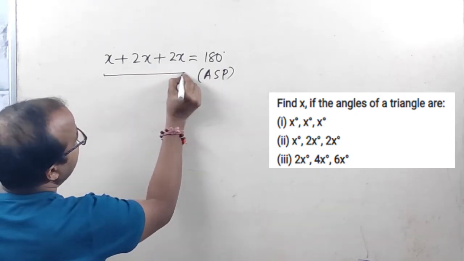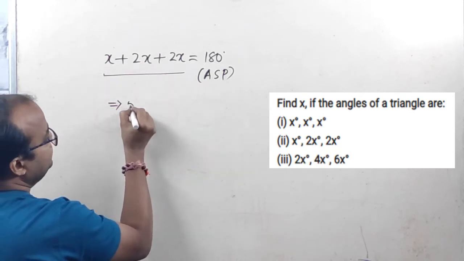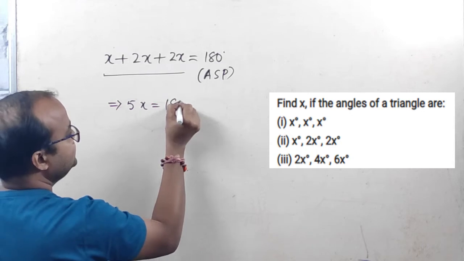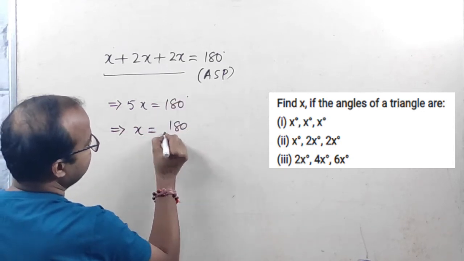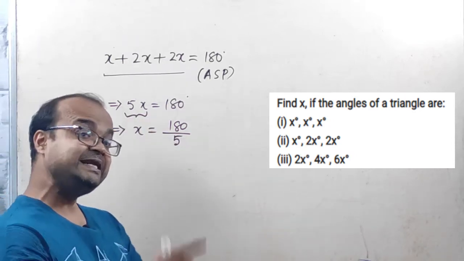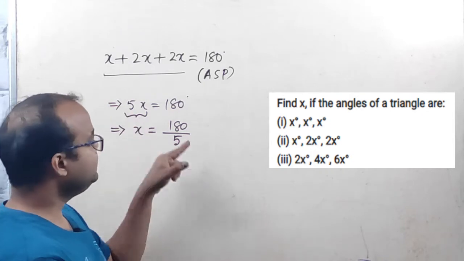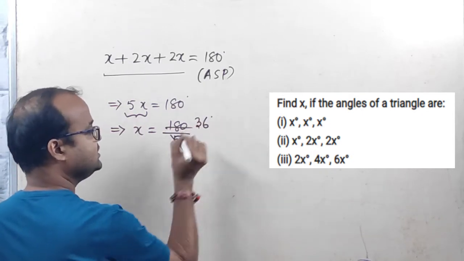So now if you add these, 2 plus 2 is 4, plus 1, that means 5x equals 180 degrees. It implies x equals 180 degrees divided by 5. Here 5 and x are multiplied, so when it changes side, it will divide. 5 ones are 5, 5 sevens are 35, 36.